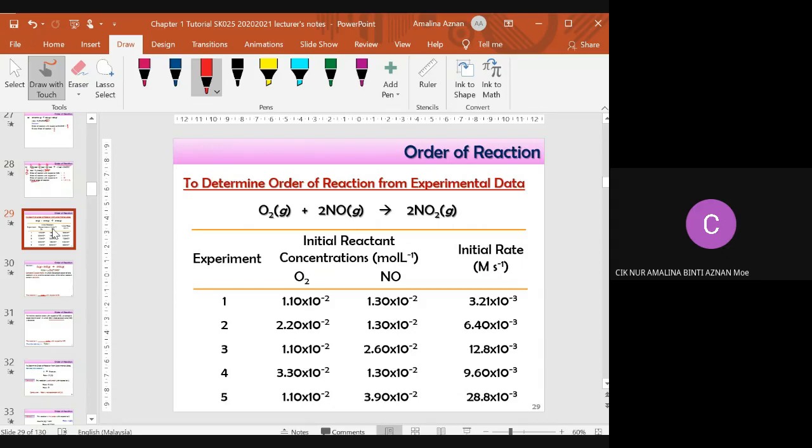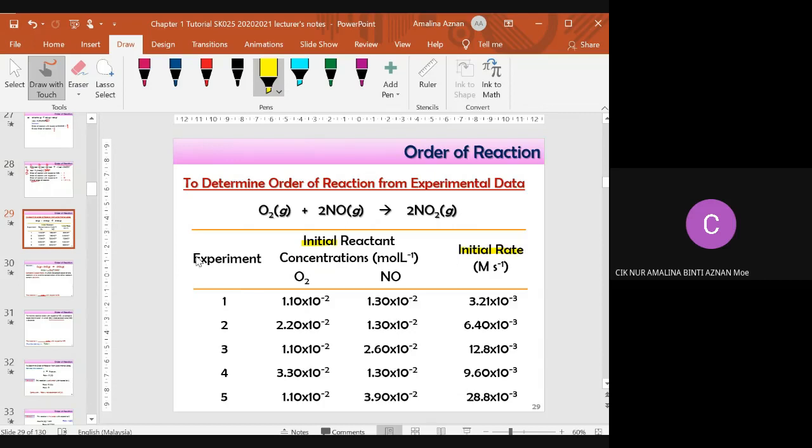Okay, so biasanya kalau kamu dapat set of experimental data, so kamu boleh tengok ada eksperimen 1, 2, 3, 4, 5 and so on. Kalau ada banyak set of experiment and then ada pula initial concentration and initial rate.